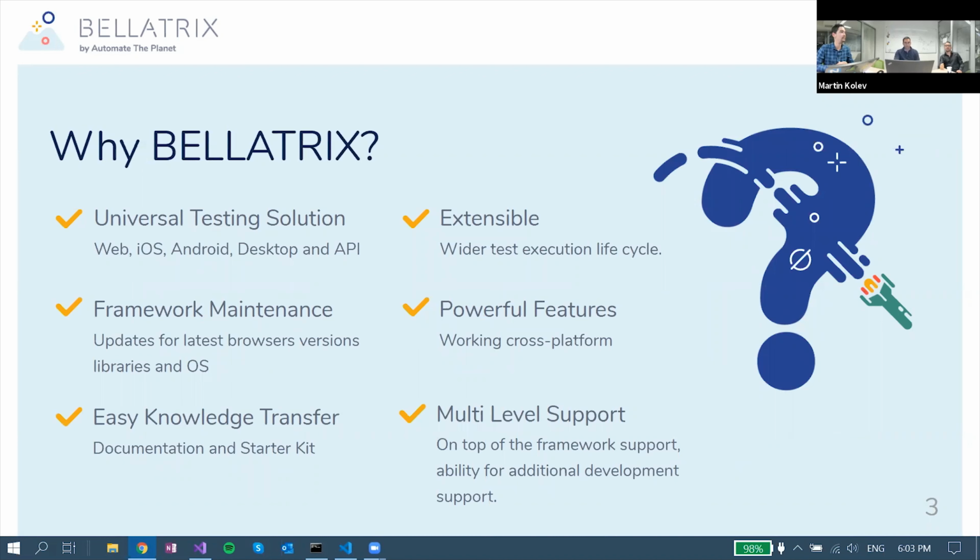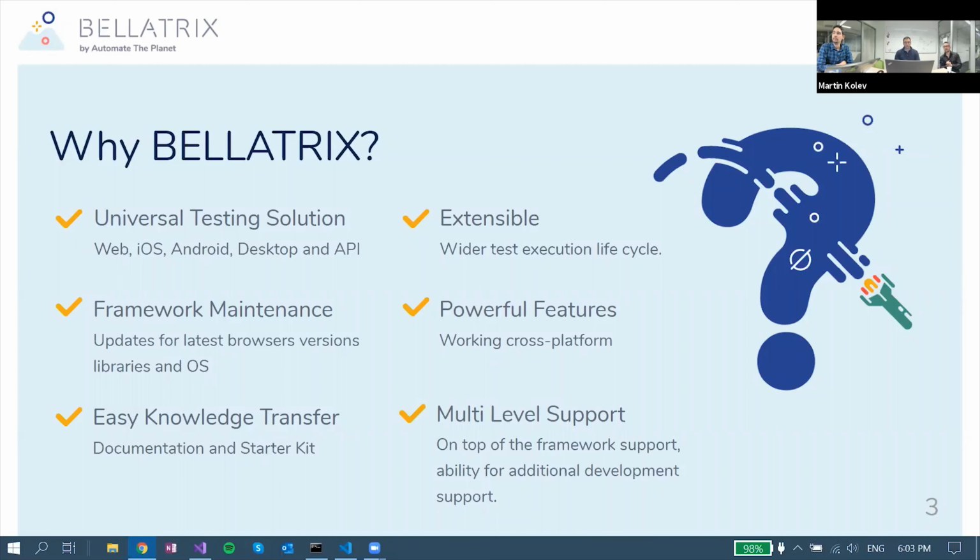Before the agenda, we want to say a few words about BELLATRIX, and maybe some of you who already used our solution know these various points that are making our solution different than the competitors.